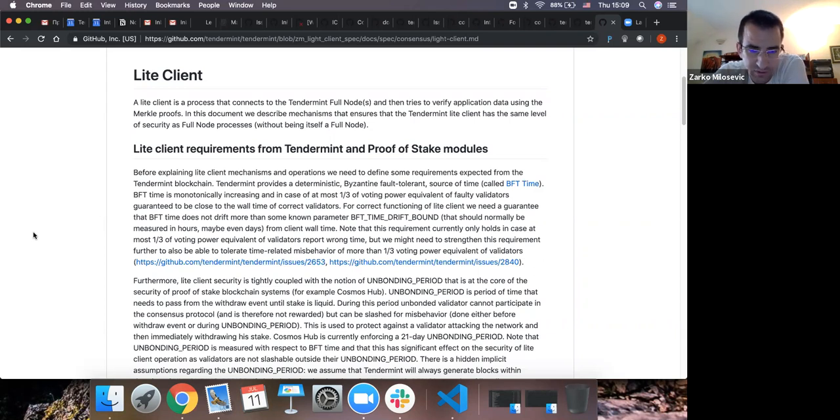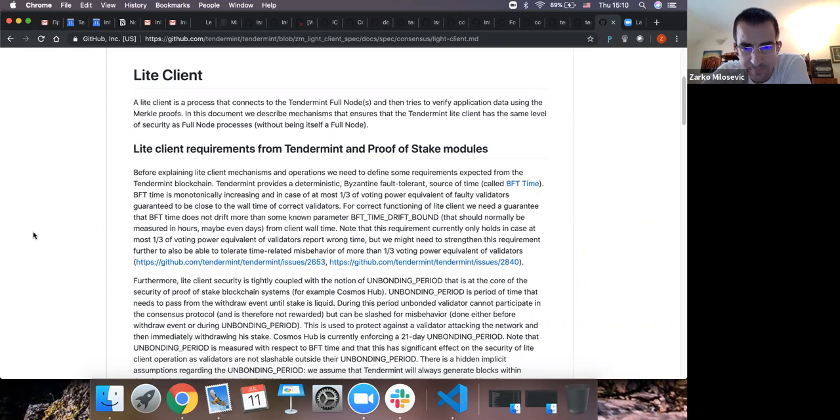So if you assume that the wall clocks of correct validators are not wrong, then the BFT time should give us a guarantee that it's more or less close to the wall time. And the unbonding period is also defined with respect to this BFT time. That's why I mentioned this.